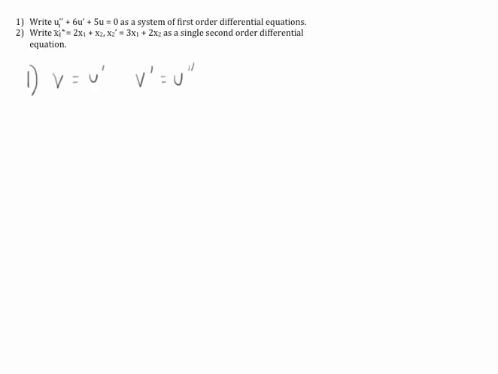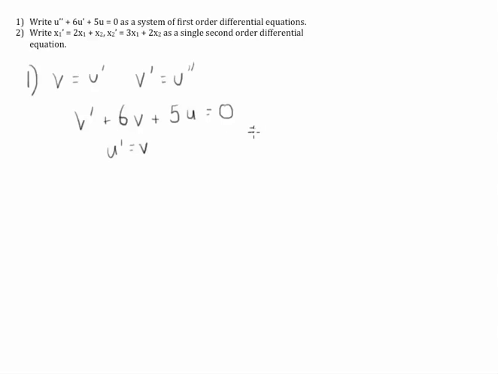I can take this equation and say u double prime, that's v prime, so v prime plus 6 times u prime, we'll write that as v, plus 5 times u is equal to 0. And we already know that u prime is equal to v.